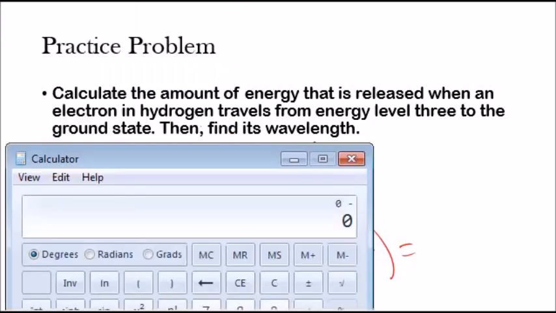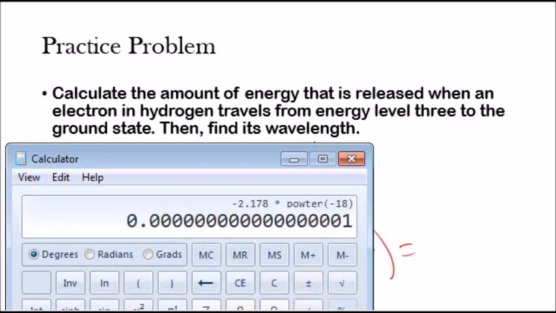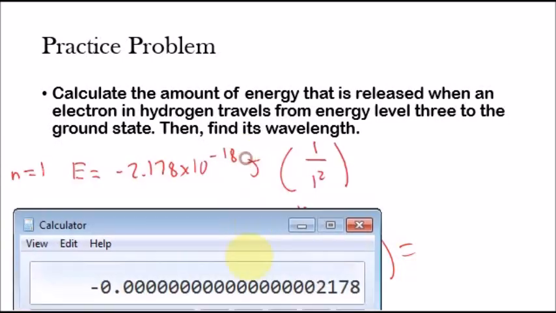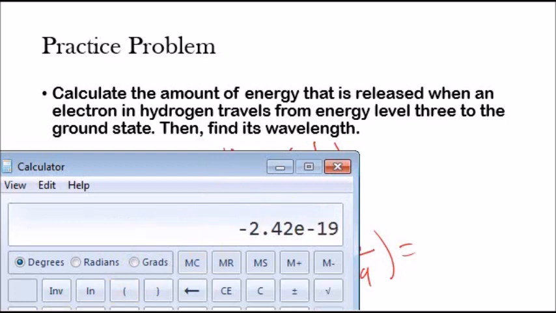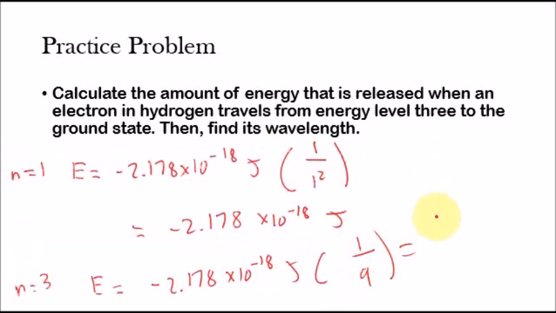Negative 2.178 times 10 to the minus 18, times 1 divided by 9. It's going to equal this. So it's just negative 2.42 times 10 to the minus 19 joules.